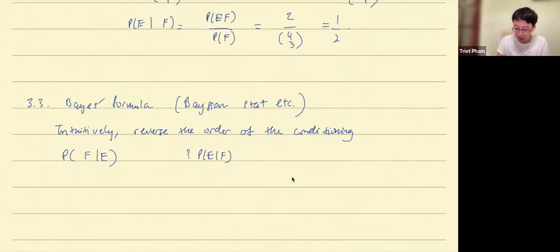Basically, suppose if it rains, then you bring the umbrella with so much probability. You can reverse the question and say, well, I'm not observing the weather. I see you bring the umbrella.